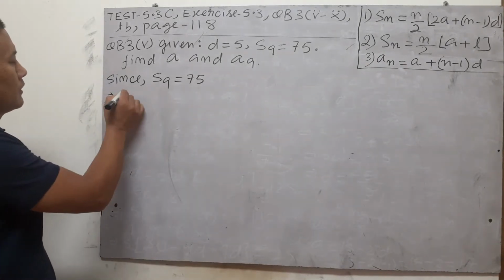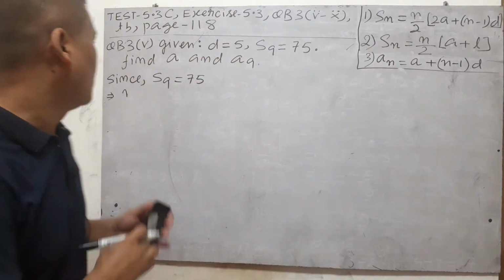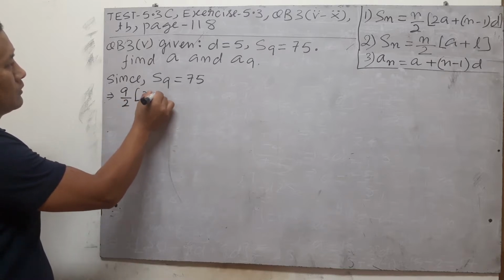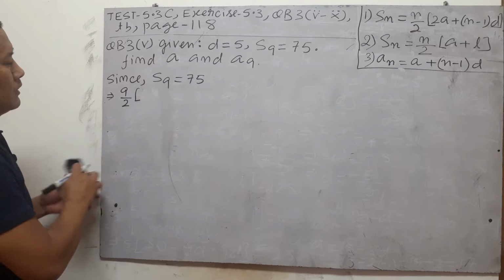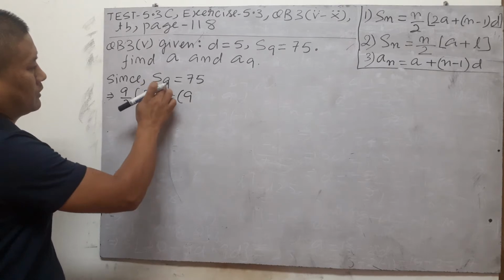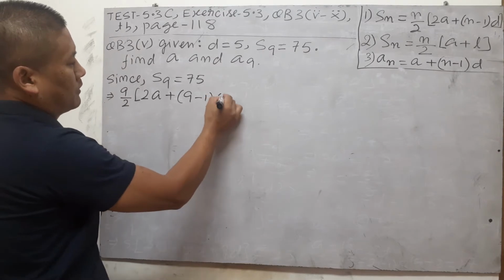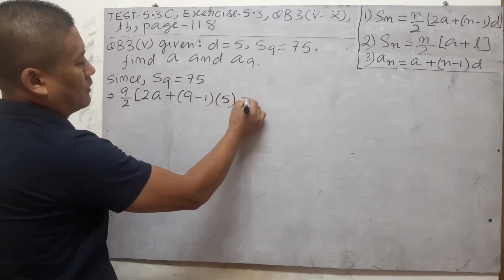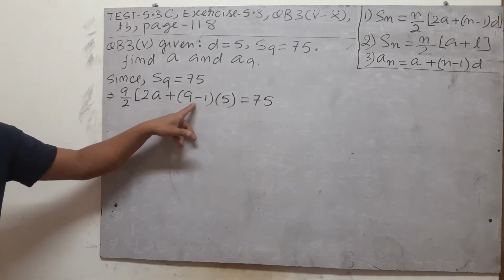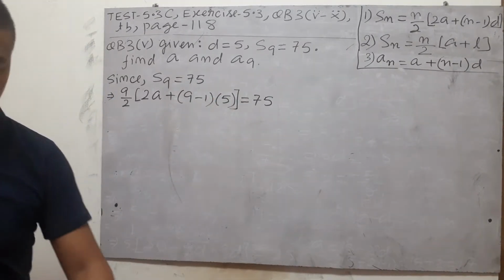So S9 means n is 9, so 9 by 2 into 2a, plus n minus 1, n is 9, into d, here d is 5, equal to 75. Let us close it with a square bracket there.